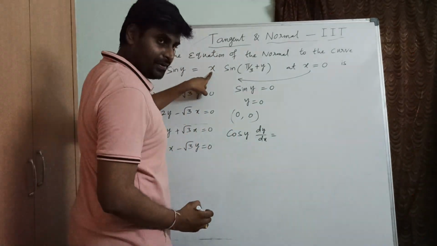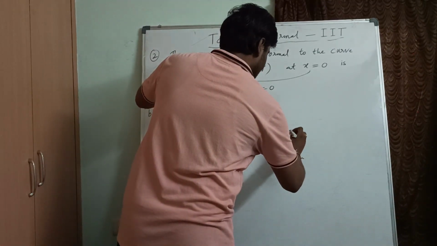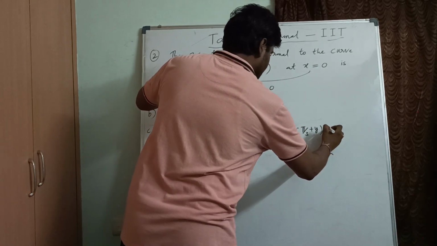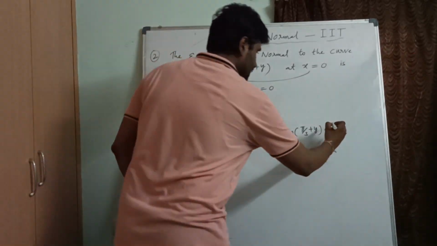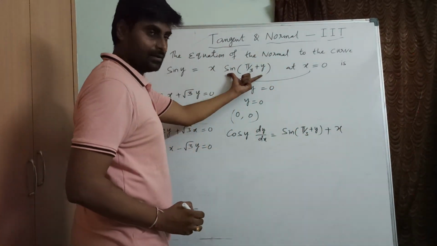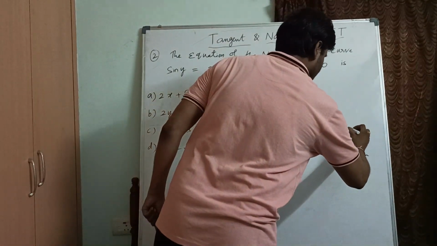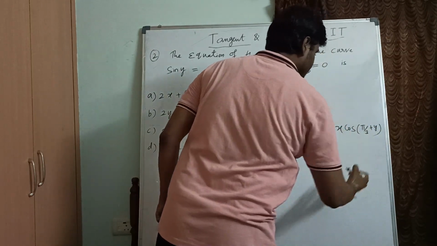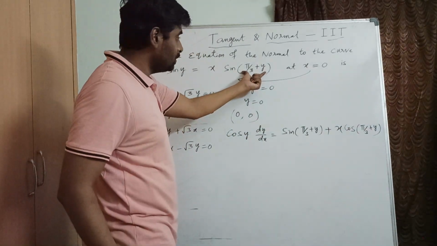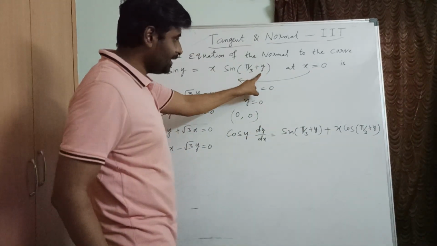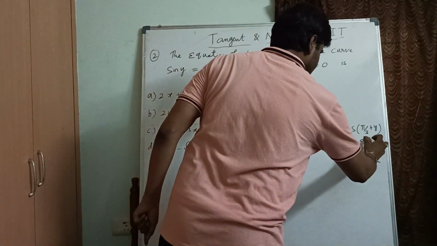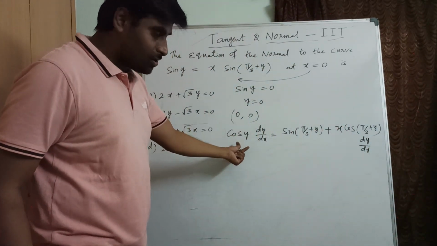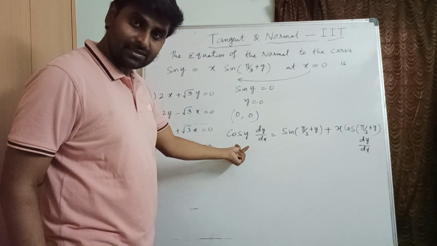The derivative of x is 1, so sin of pi by 3 plus y, plus, keeping x as it is, the derivative of this one, cos of pi by 3 plus y. Again the derivative of the inside: the derivative of pi by 3 is 0, and the derivative of y is dy by dx. Clear? So now can't I directly substitute 0 comma 0 so that I'll get dy by dx, meaning the slope?